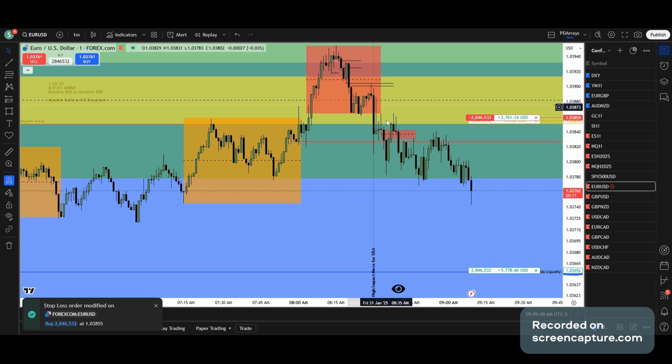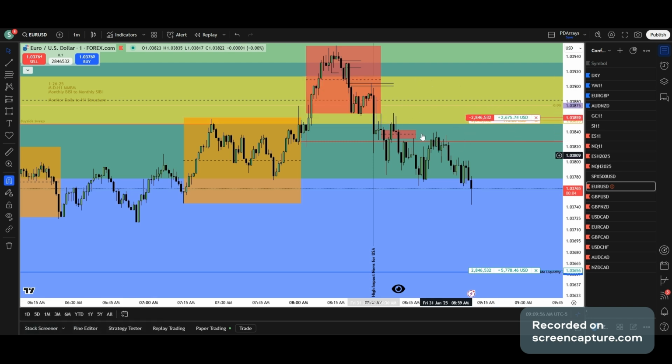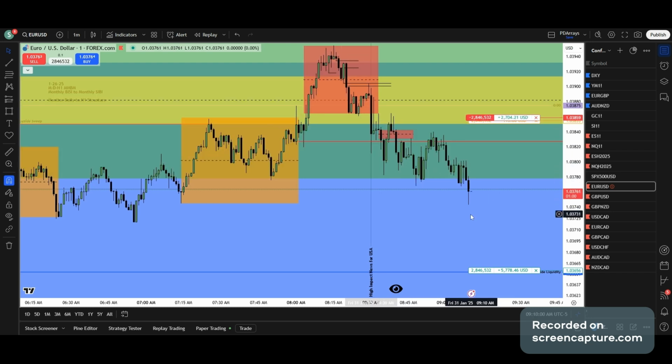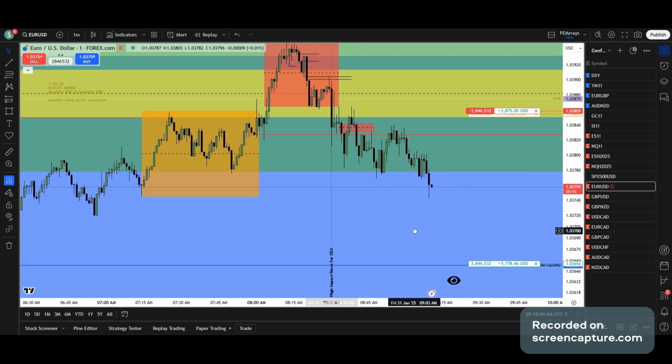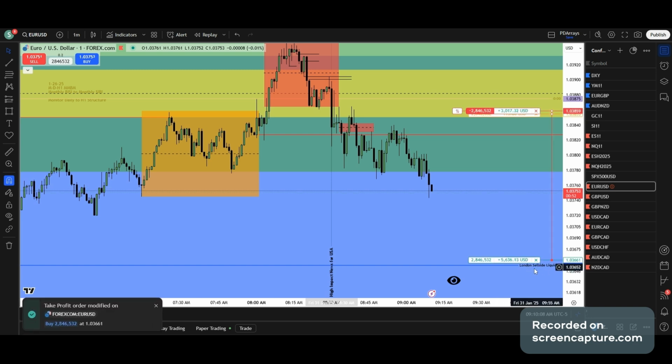But yeah, initially I had my stop up here and I just moved it because of the subsequent delivery that we get in here. Again, my target is London. Let that be visible. London sell side liquidity. I'll put this right here so it could be seen.